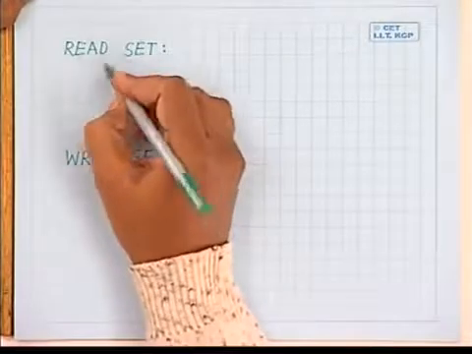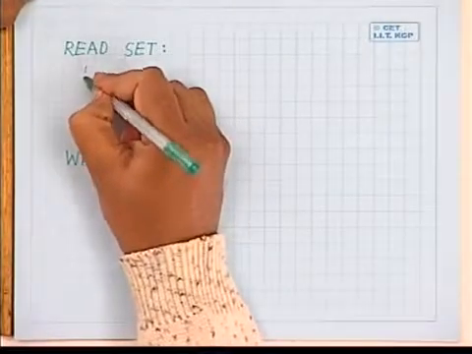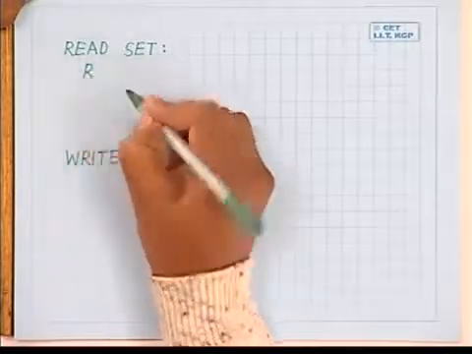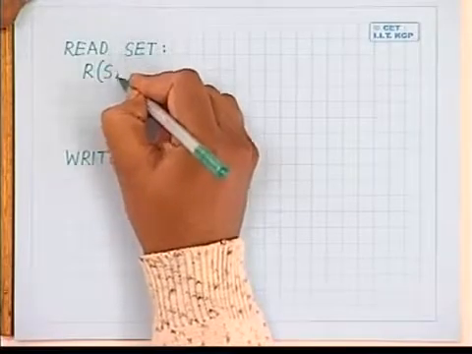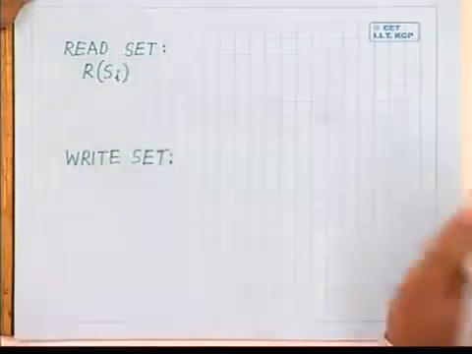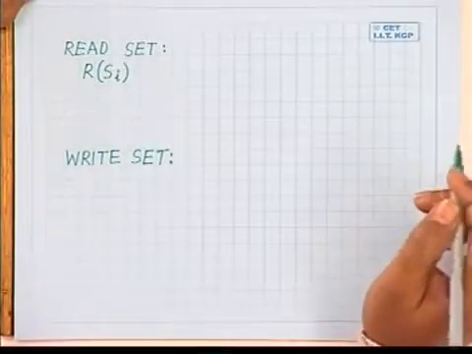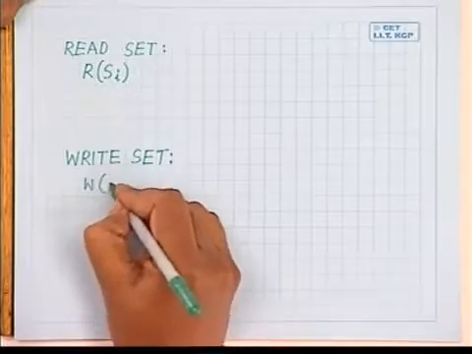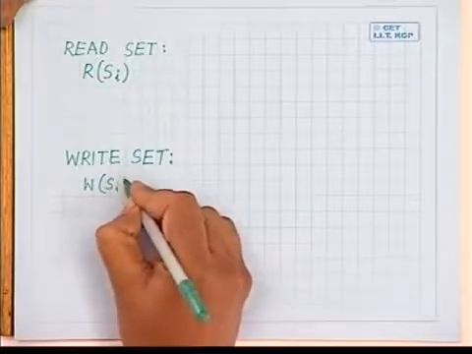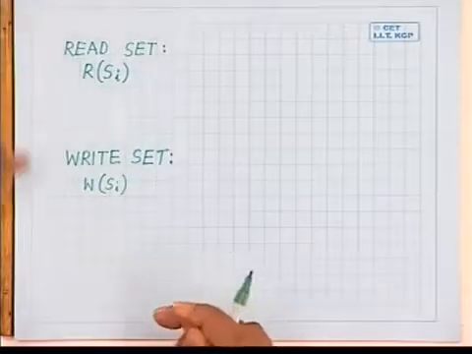The read set of a given statement or of a given module is represented by RSi, where Si is the ith statement or ith module. The write set is similarly represented by WSi, where Si is the ith statement or the ith module.